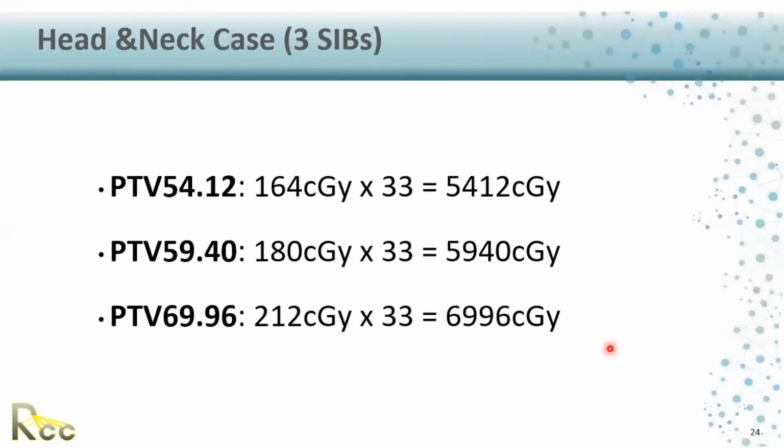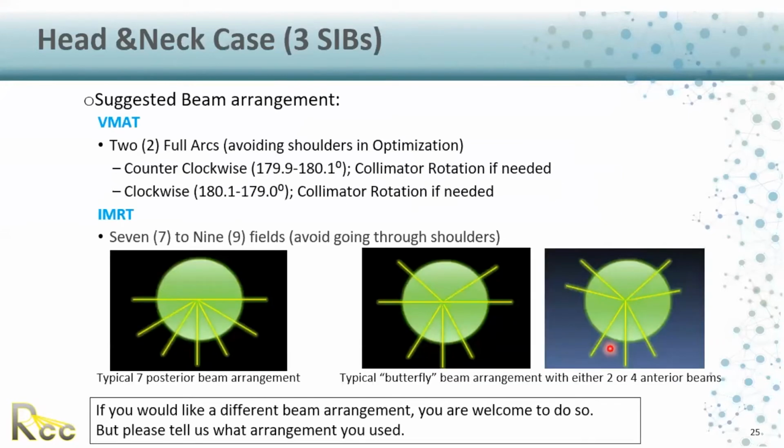We have a head and neck case with 3 SIBs: PTV 54.12, PTV 59.4, and PTV 69.96. The suggested beam arrangement was VMAT, 2 full arcs avoiding shoulders in optimization, counterclockwise 179.1 and clockwise 180.1, 170.9, with collimator rotation if needed.